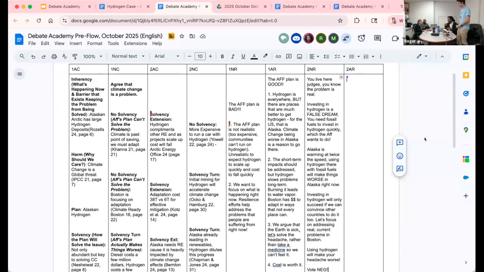All right. Okay, so judges, we are asking you to vote for the idea of investing in infrastructure to grow hydrogen as a fuel source. We're not asking for hydrogen to be used to power every single thing in the world, like a car or a toothbrush or your smartphone.